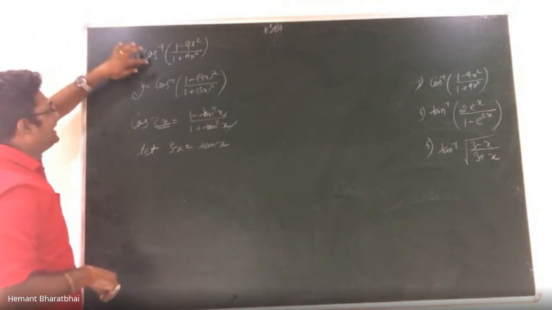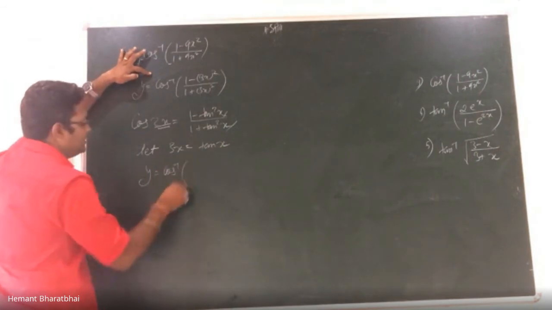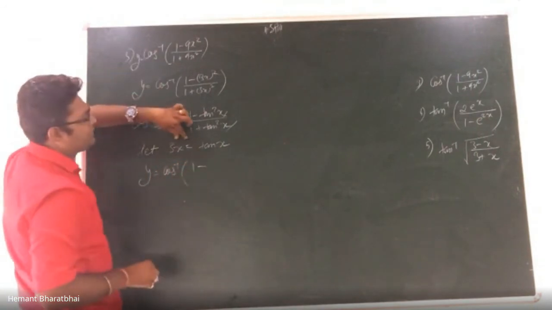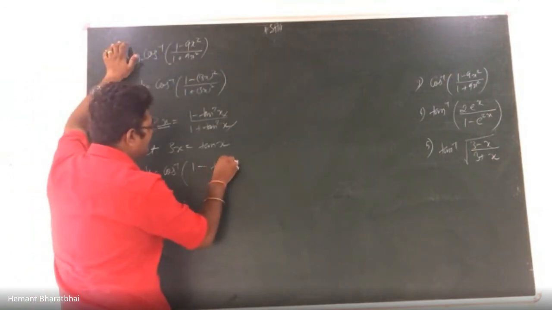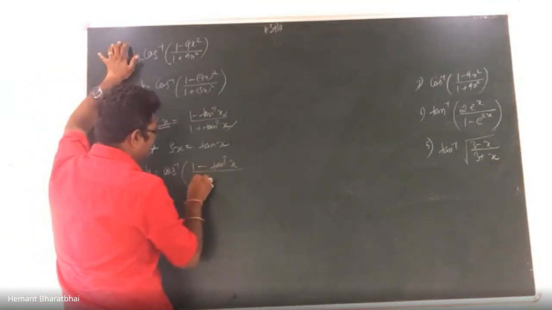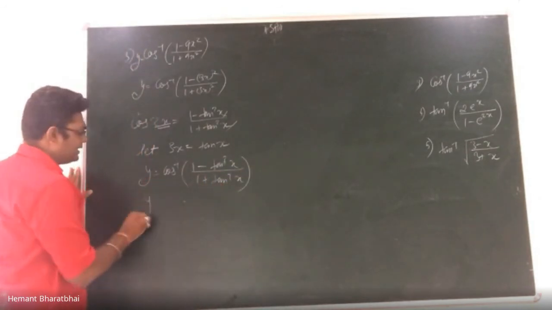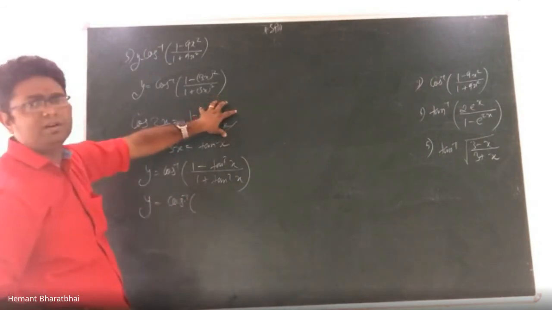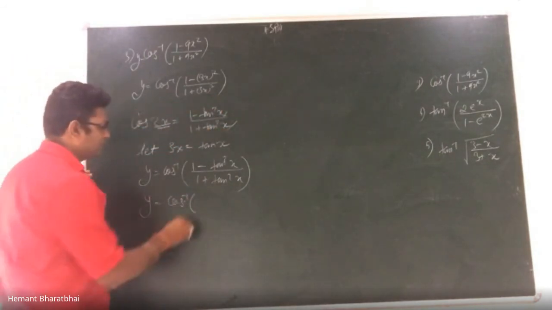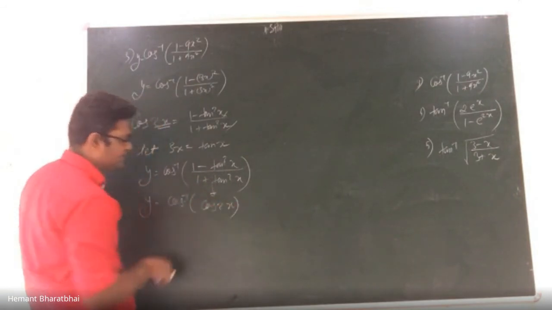If I do that, y will become cos inverse of 1 minus, instead of 3x, tan x, and its square becomes tan square x, upon 1 plus tan square x. So I'll get y is equal to cos inverse of, and this we know is nothing but cos 2x. So this entire thing gives me cos 2x.